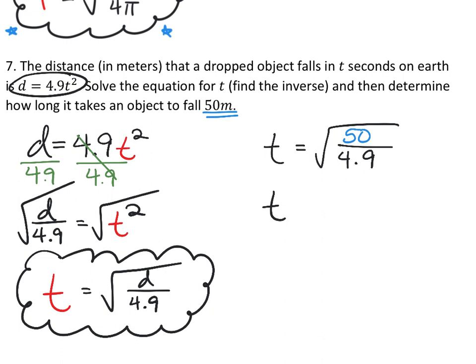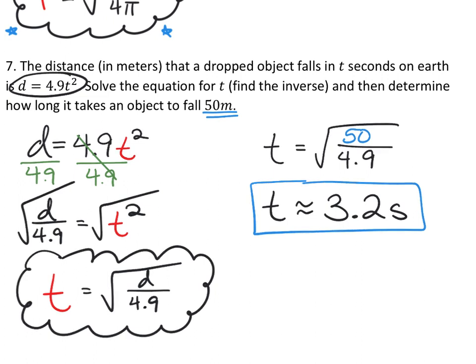And you're going to get an ugly decimal, and that's fine. We'll keep one decimal on this since our formula has got one decimal. So we're going to use the squiggly equal signs to indicate that we rounded this number. And the time should be that it takes approximately 3.2 seconds for that object to fall 50 meters. Wow, meters.